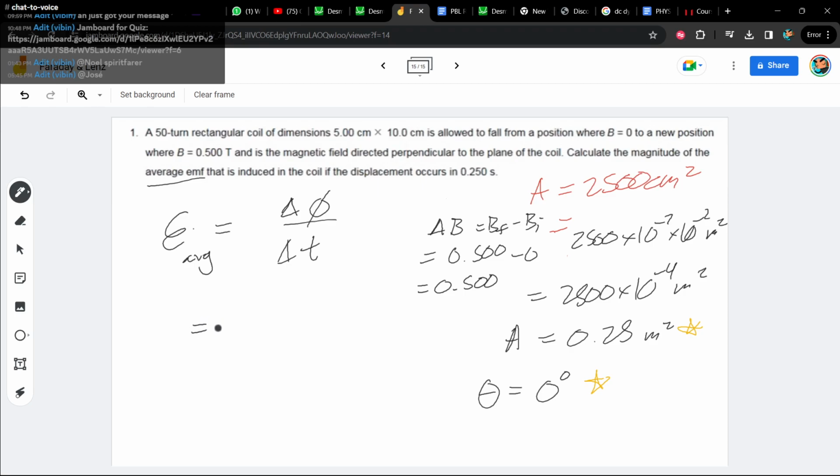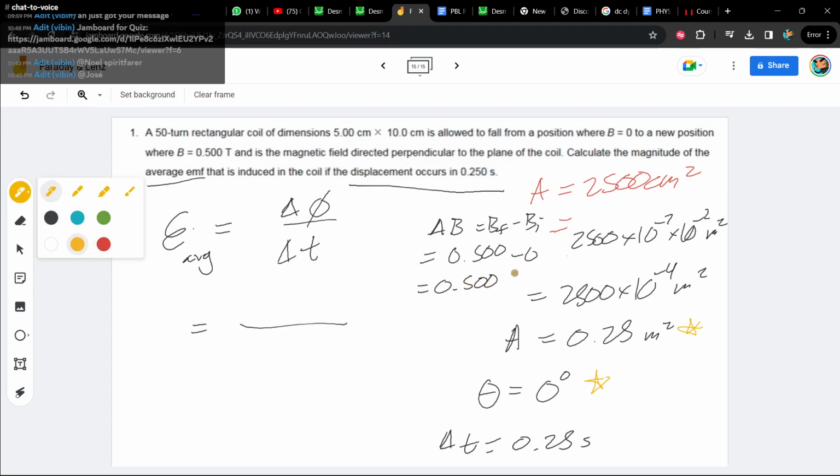So how do we write this down, and how do we make use of this? One more piece of information: the displacement occurs in 0.25 seconds. Which variable does it tell you about? Delta t, which equals 0.25 seconds.